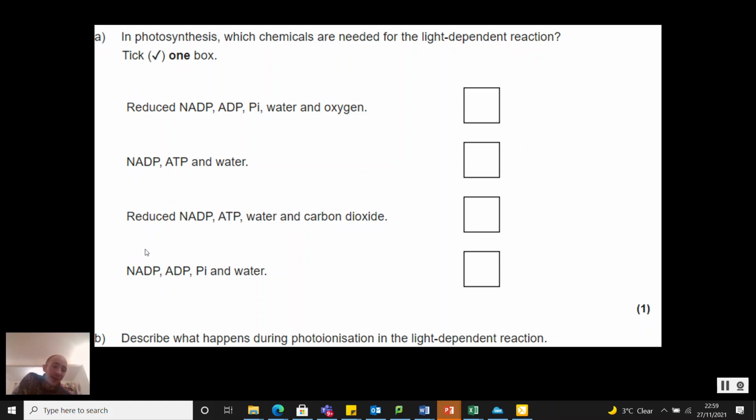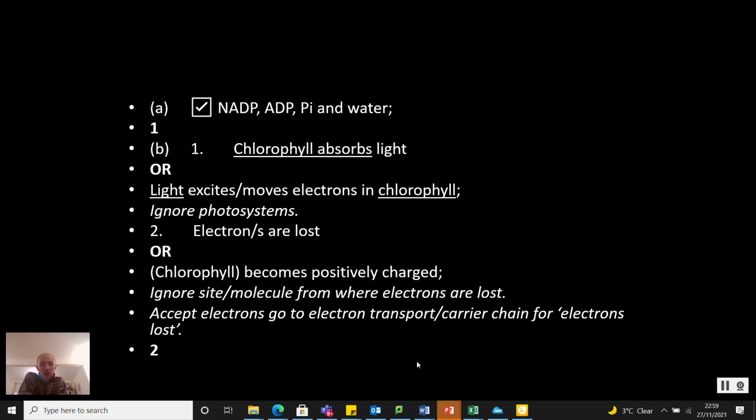And then finally, NADP, ADP, inorganic phosphate, which is incidentally, if you don't know what Pi stands for, inorganic phosphate, should have come across that before, but if you haven't, that's what it stands for. And water, it's this one down here, yes. I need NADP to be reduced, I need ADP and inorganic phosphate to make ATP, and I need water for photolysis.